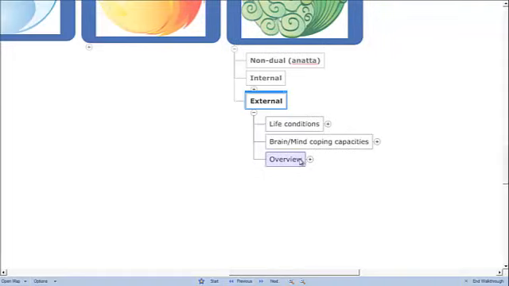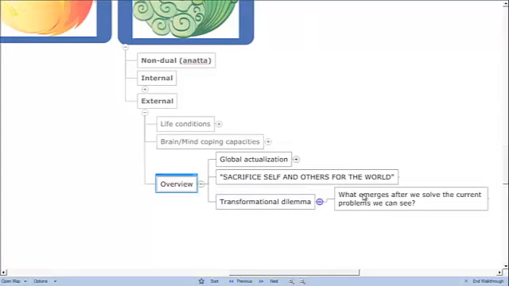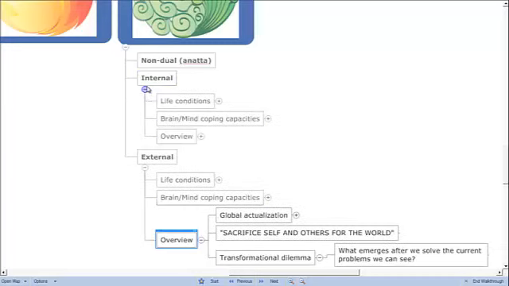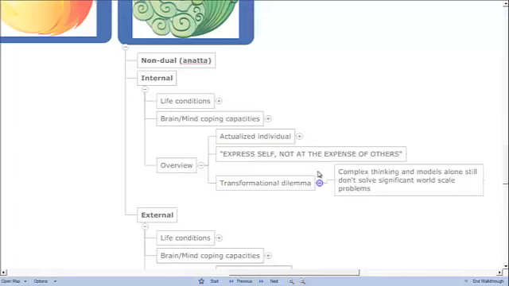Also at this level, you get a transformational dilemma that pushes you up to the next level. The transitional dilemma at Air Internal is that complex thinking and models alone don't solve significant world-scale problems.